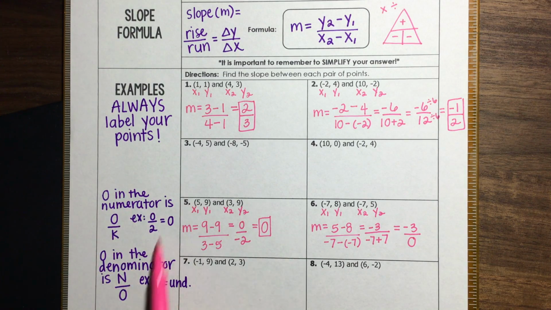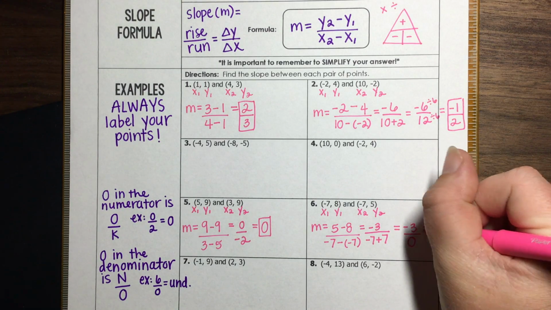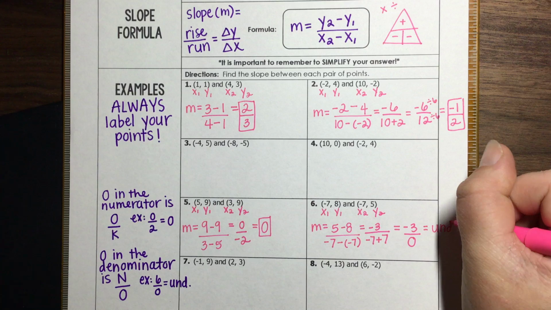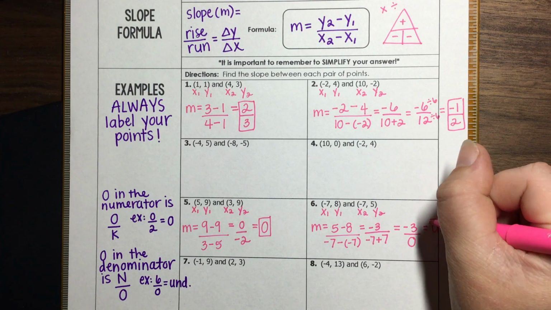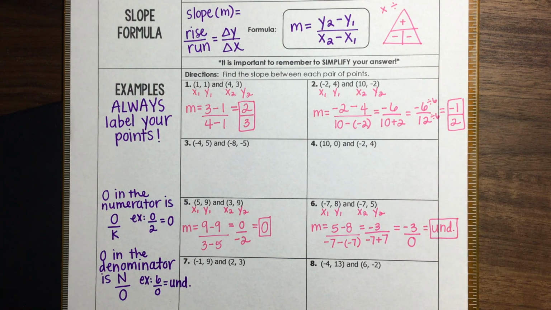If I go back and look at my notes, 0 in the denominator is no. Example, 6 divided by 0 is undefined. Here I have negative 3 divided by 0, so I'm in a similar situation. This is going to be undefined. This is slope dude falling down the hill. So you have 4 different examples here.